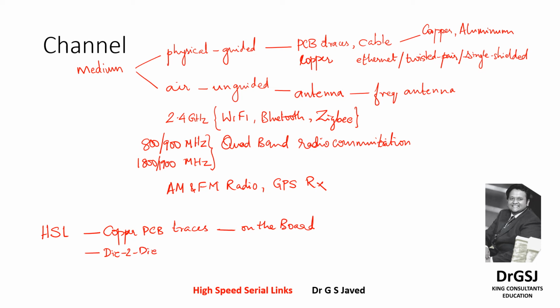For example, when you're connecting a server or a processor to a memory, these two are two different dies sitting on the same chip. So these will be connected with metal lines, right? Metal lines either made up of copper, aluminium or other materials. This would be on the die.